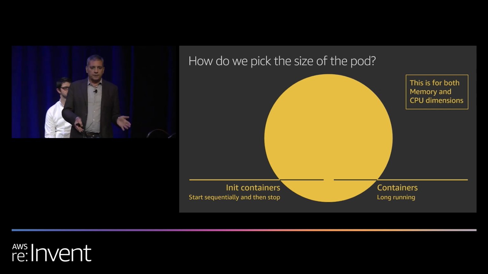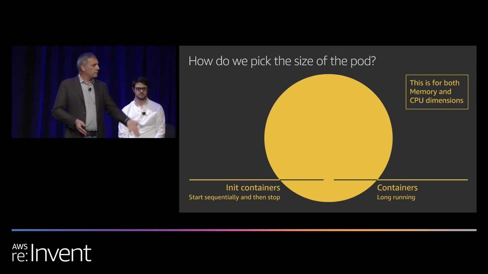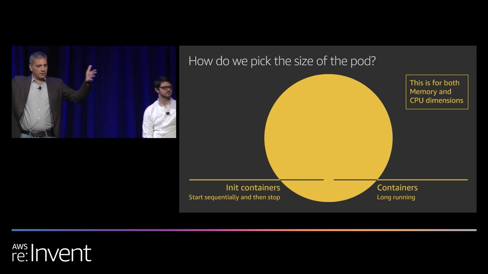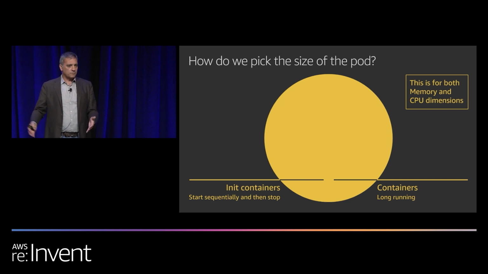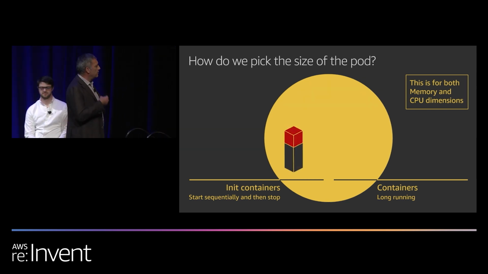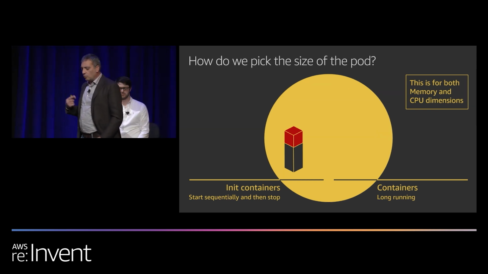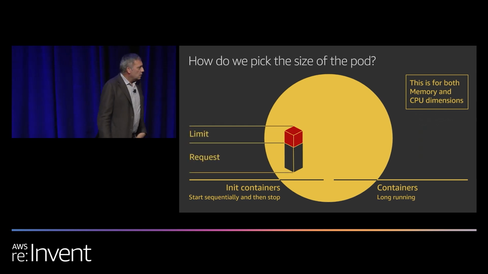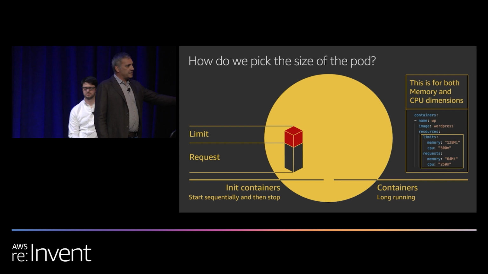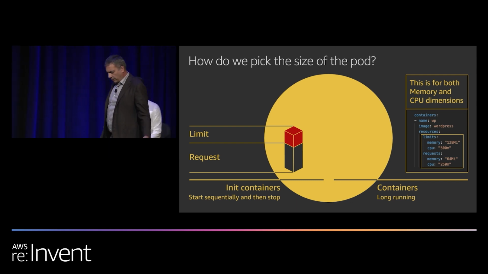As you know, init containers have a characteristic: they start, they stop, they start, they stop, because they prepare the environment for the long-running containers to run. So let's imagine that we have an init container. That init container will have requests and limits. These could be explicitly set within the pod spec, or they could be inherited from the namespace.